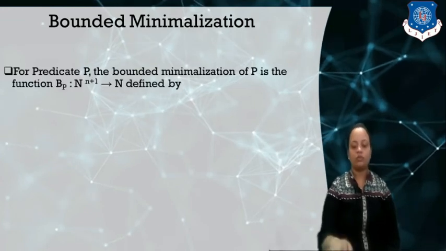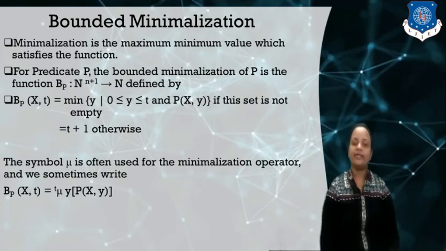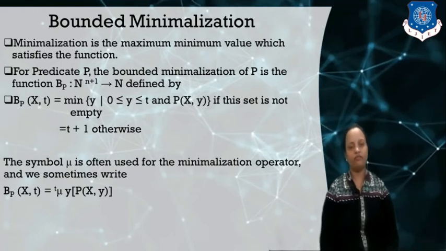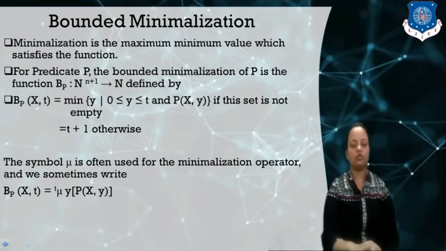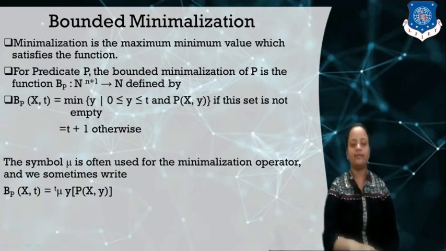Minimalization gives the minimum value which satisfies the function. For a predicate P, the bounded minimalization of P is the function which we denote by bP, where this function takes the n plus 1 vectors of the set of natural numbers to single natural numbers.